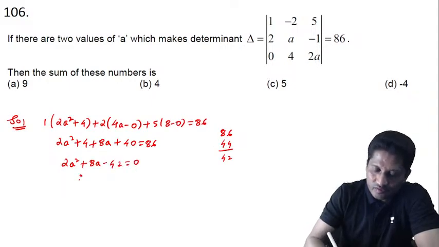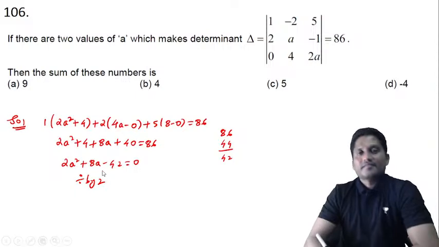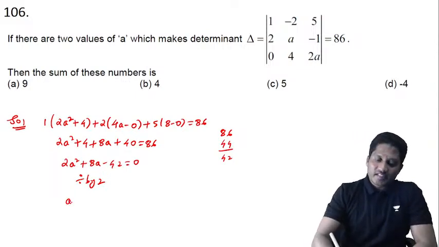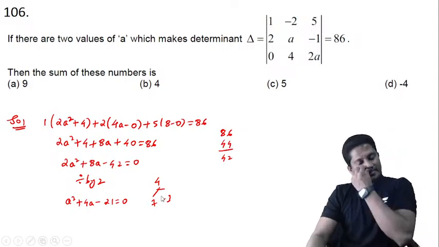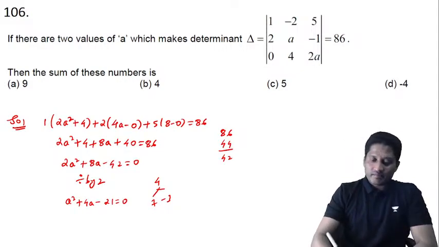If I divide throughout by 2, you will get a square plus 4a minus 21 equal to 0. If I split the middle term, 7 minus 3, which is 4, multiply, get 21. So this is (a plus 7) into (a minus 3) is equal to 0.